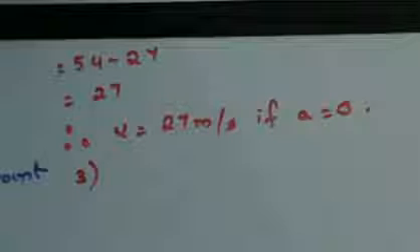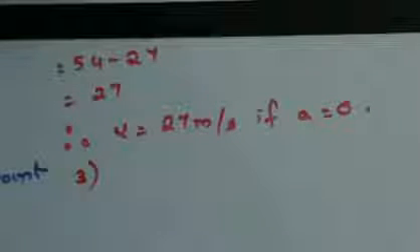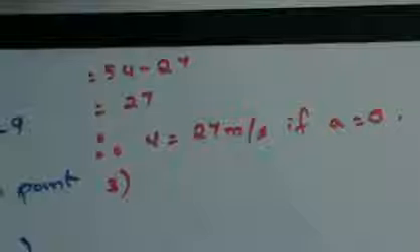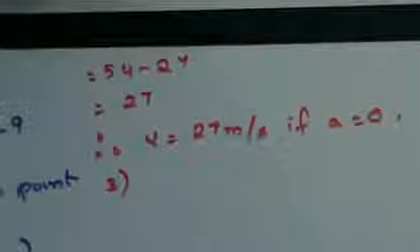A square plate is contracting at a uniform rate of 2 centimeters square per second.